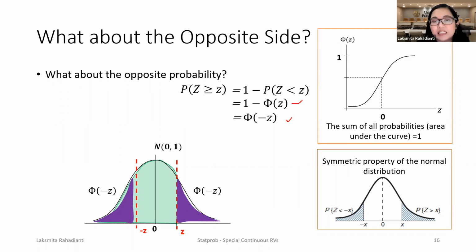We covered this in detail last week. So due to the sum equaling 1, as well as the symmetric property, we can use that same table for computing left-hand side and right-hand side.